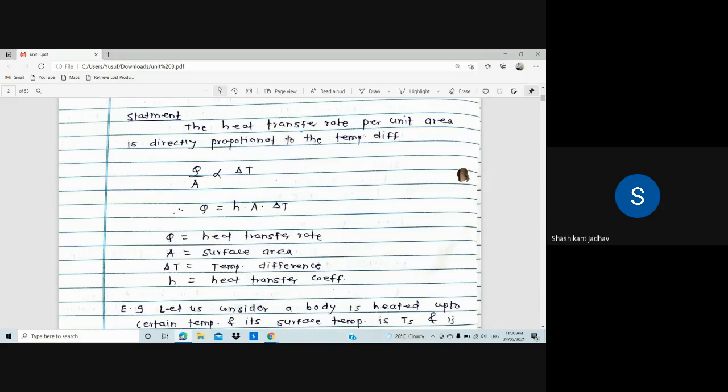Now we have to write it in the form of an equation for Newton's law of cooling. Rate of heat transfer is Q, per unit area is A. So Q by A is directly proportional to the temperature difference.